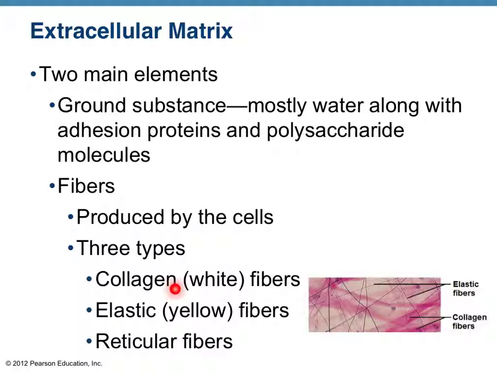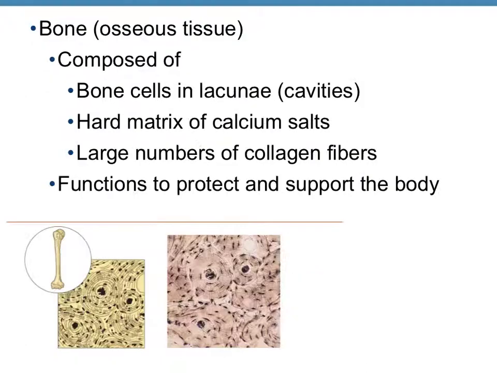And the elastic fibers actually allow the tissue to change shape and then, like elastic, spring back to its original form. Reticular fibers are rather rare. They're only found in reticular tissue, which we won't talk about here. But those are the two components of the matrix.